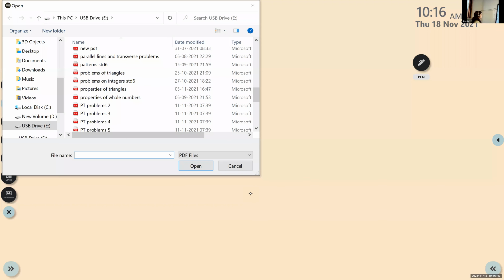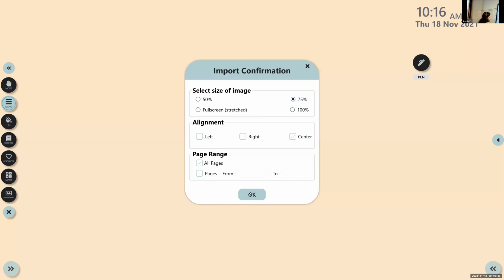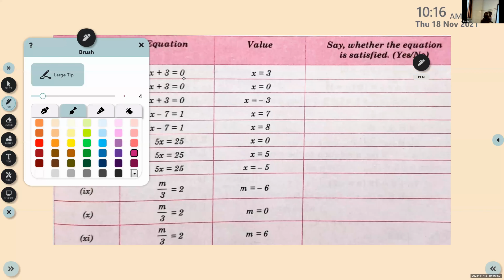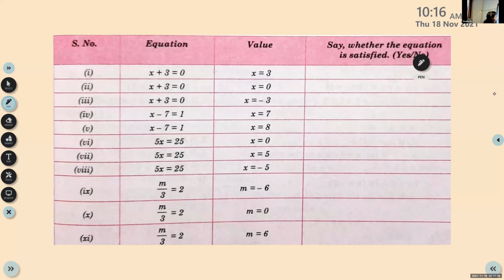See this, children. You have to check what is given in the question. First equation: x plus 3 is equal to 0. Say whether the equation is satisfied. Yes or no?